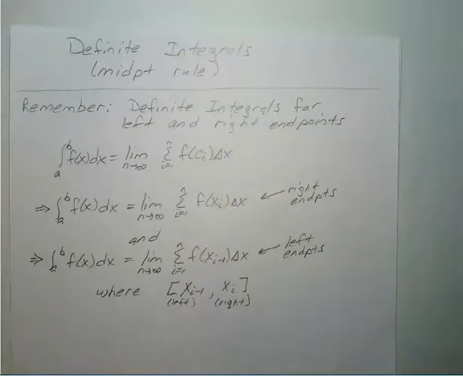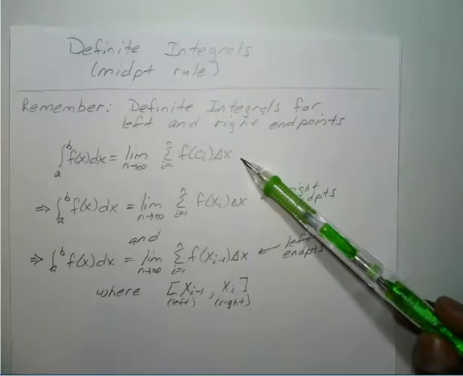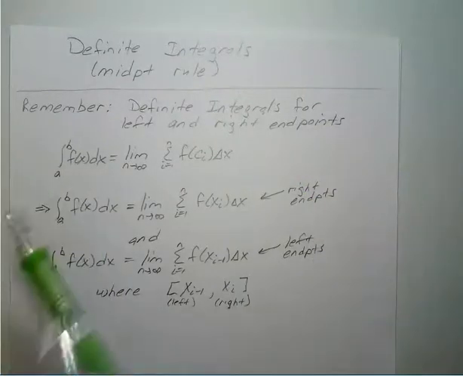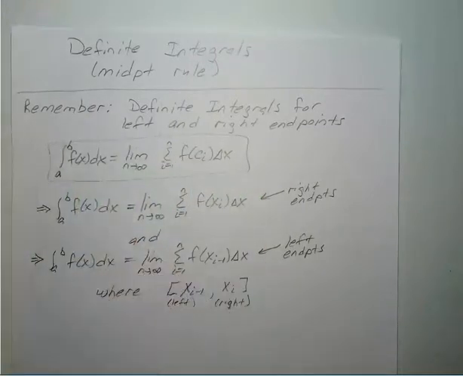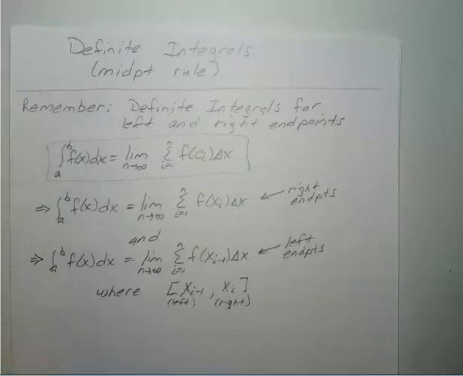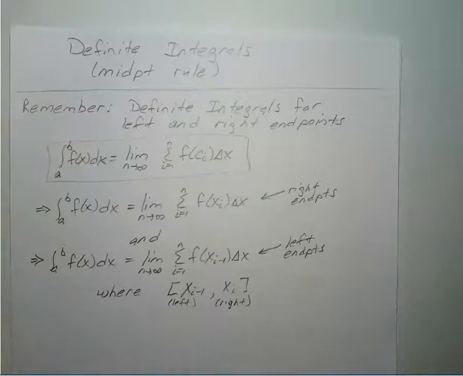Hello everyone. In this video we will be looking at how to solve definite integrals using the midpoint rule. Just a quick reminder that if you look at the definite integrals for the left and right endpoints, where this is your definite integral, at least the definition, you see for the right endpoint, your c sub i becomes x sub i.